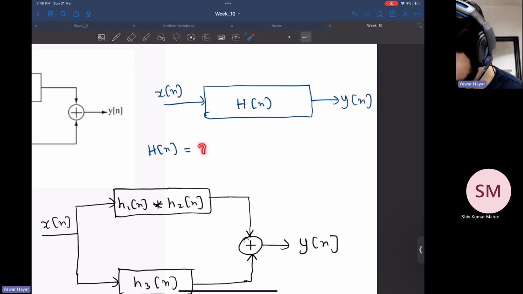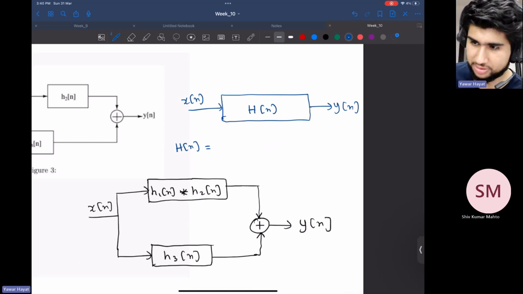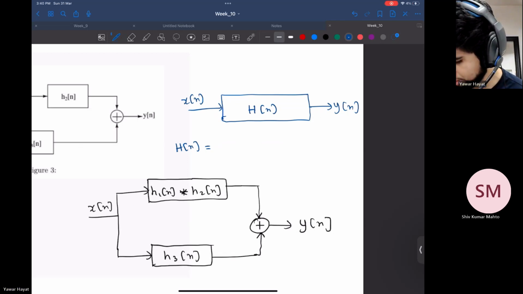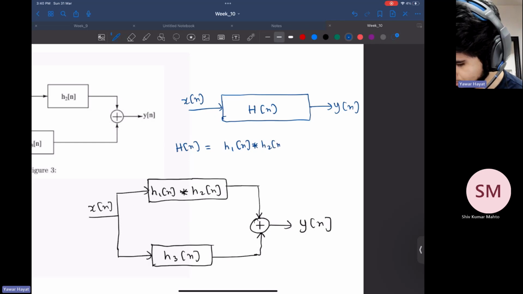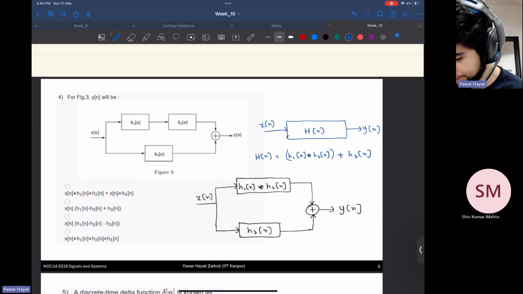It would be the sum of the two, right? Since these systems are in parallel, we add the impulse responses. And when the systems were in cascade, we convolved the impulse responses. So h of n is h1 of n convolved with h2 of n, plus h3 of n.